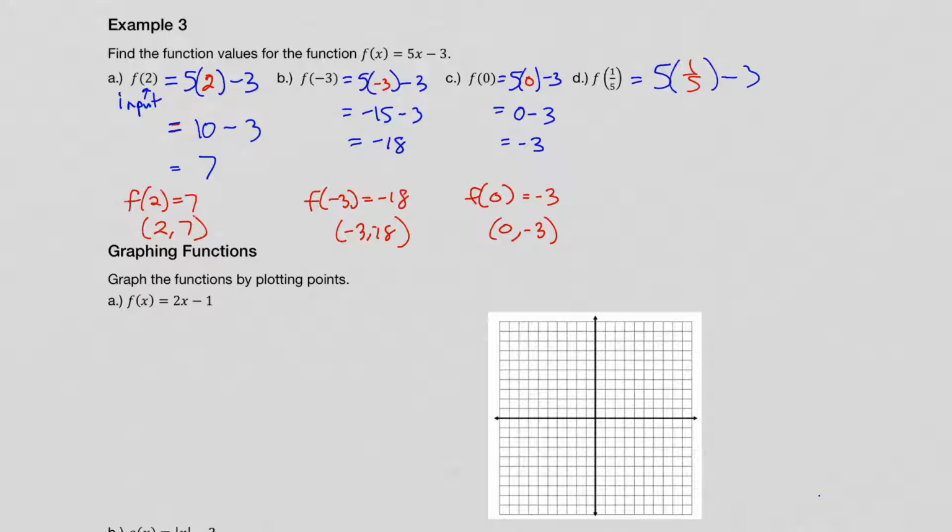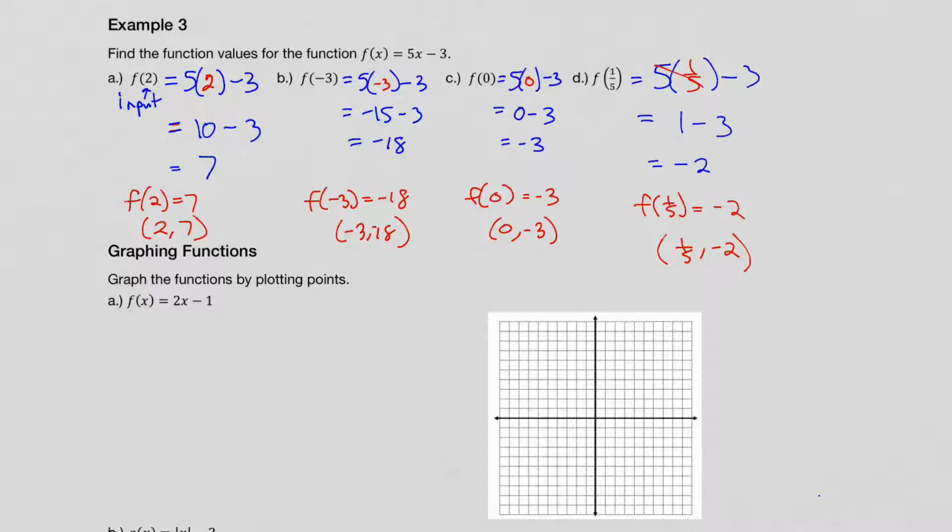The 5 and the 1/5 cancel each other out, creating just 1. And that 1 minus 3 is just negative 2. So f of 1/5 is going to equal negative 2. And we could actually plot that if we wanted to, as such.